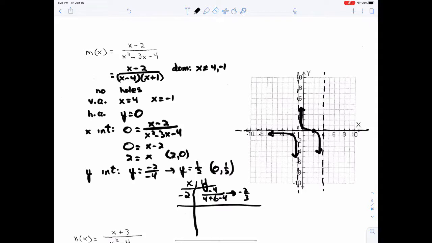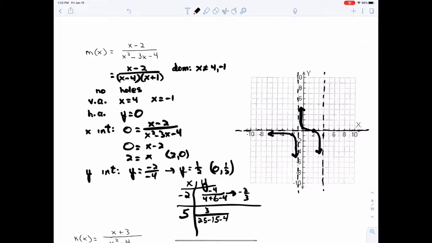Let's plug in 5 for the right-hand side. And what do we get? 5 minus 2 is 3. And on the bottom, we get 25 minus 15, and then minus 4.